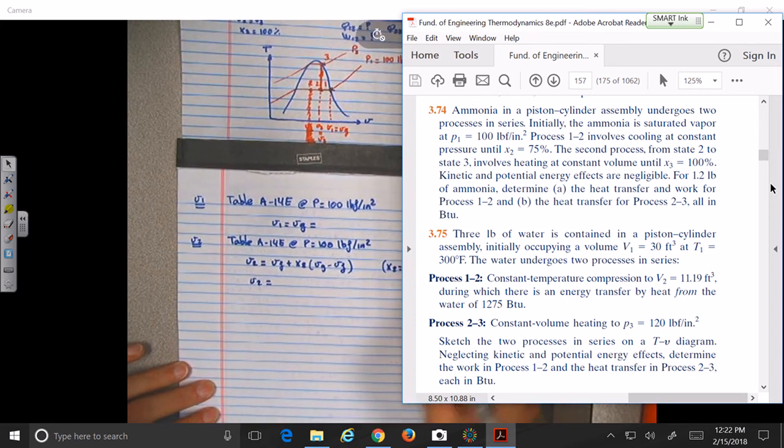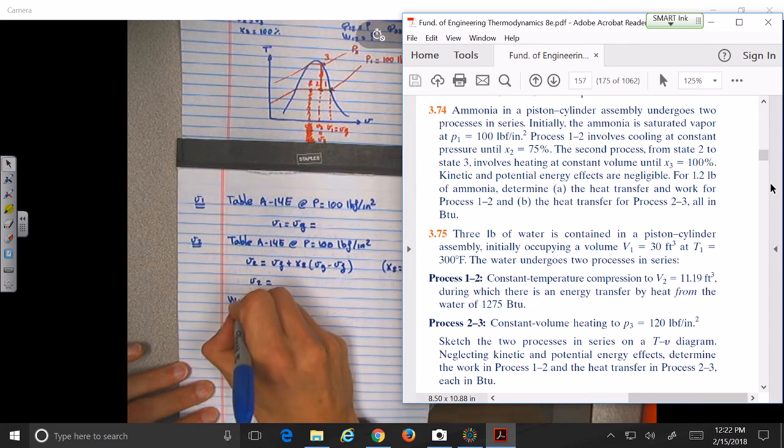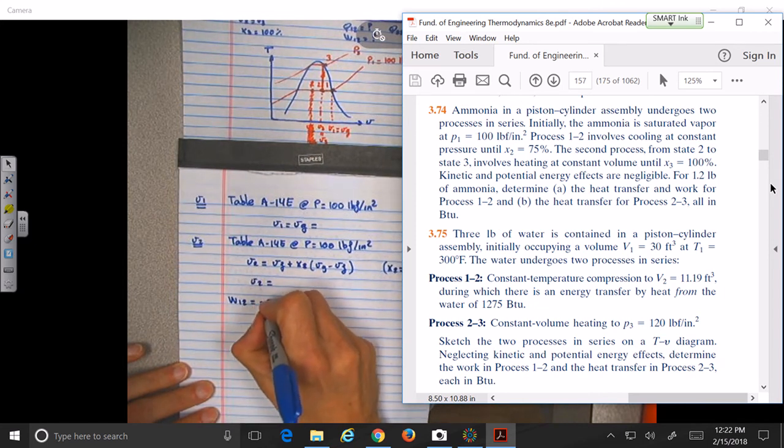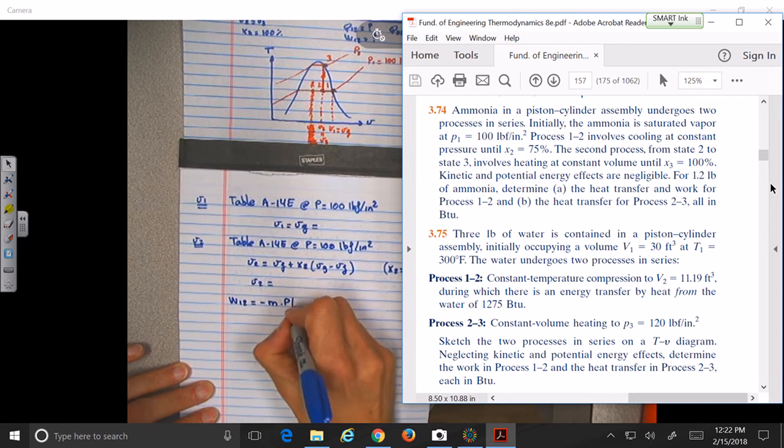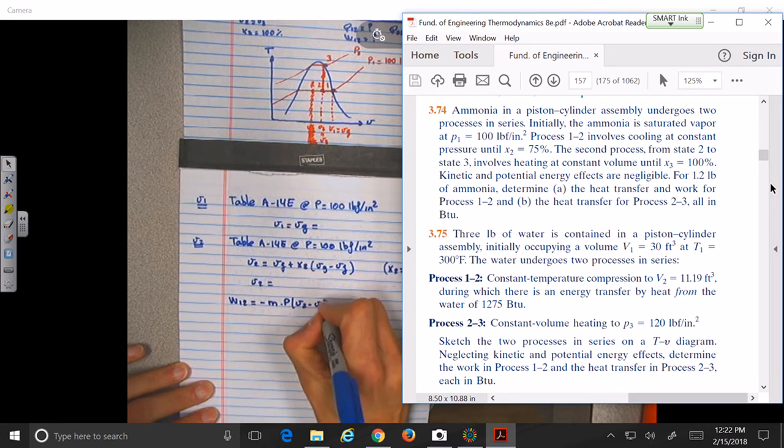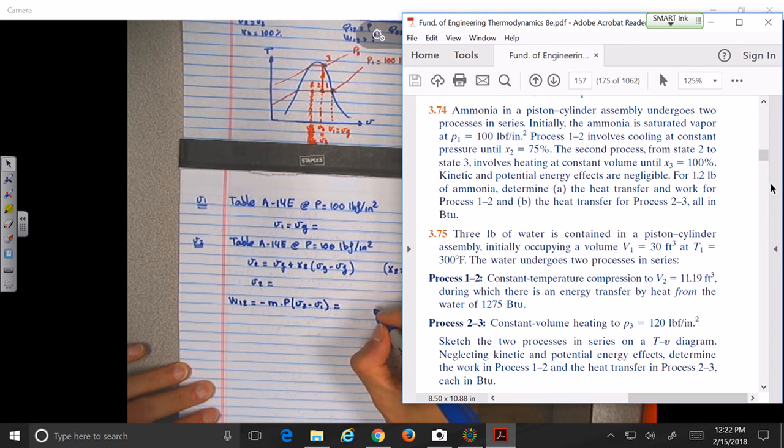Okay? So now using V1 and V2, you can solve for work 1-2, which will be equal to minus m times P times (V2 minus V1), and you're going to have to do some unit transformations from foot-pound force to BTUs, no?